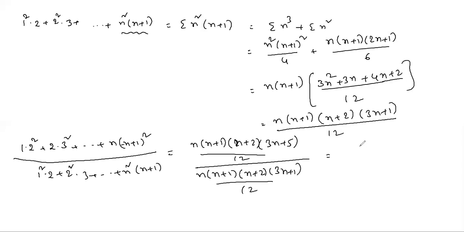So the ratio is (3n plus 5) by (3n plus 4). So we have to do it.